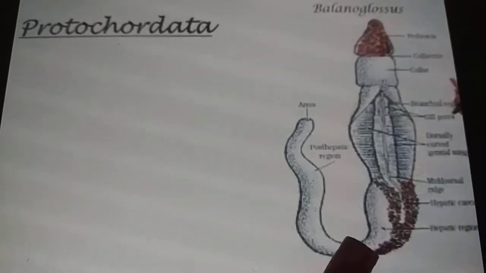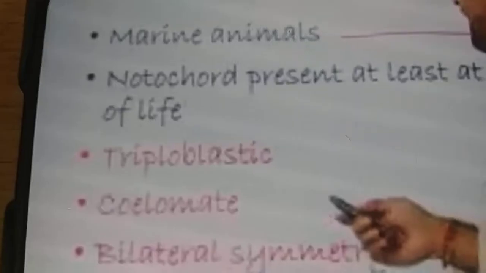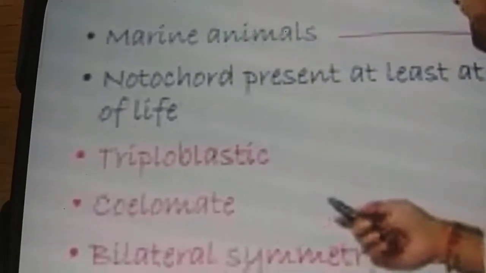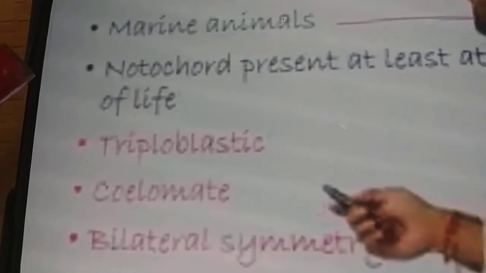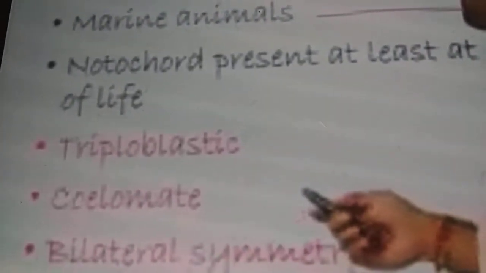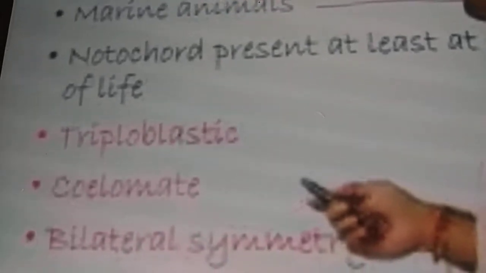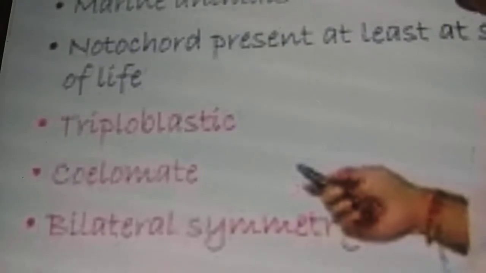In some stages of life the notochord is present. Protochordata are marine animals which are present only in sea water. The notochord is present at least at some stage of life, not the whole life. What did we say? BCT is there in these animals. Bilateral symmetry, coelomate and triploblastic are present in Protochordata.